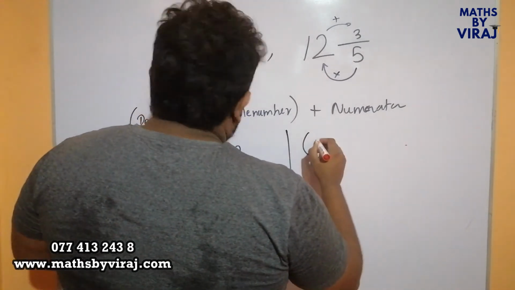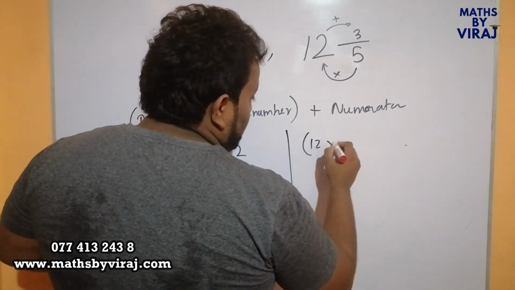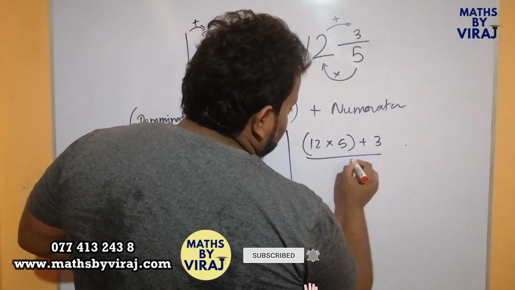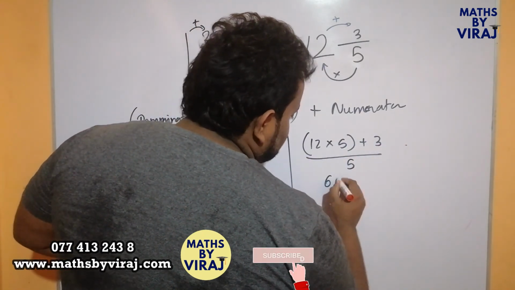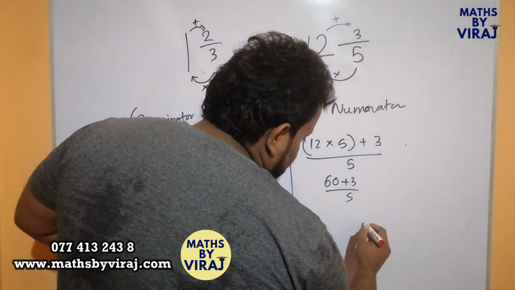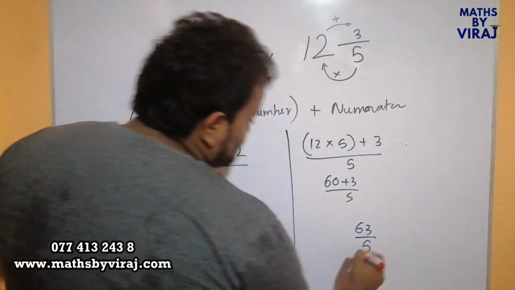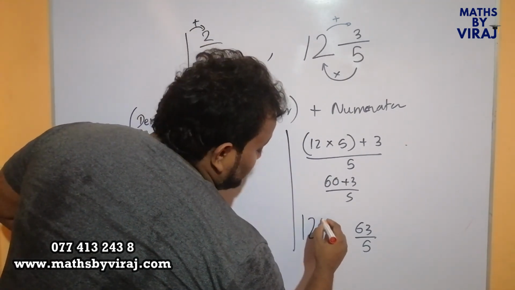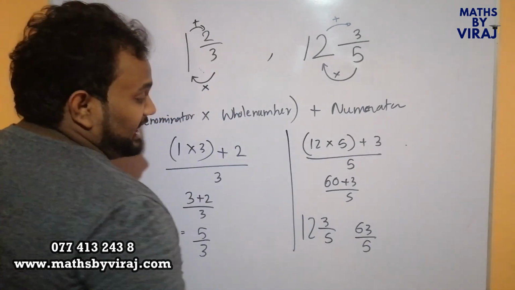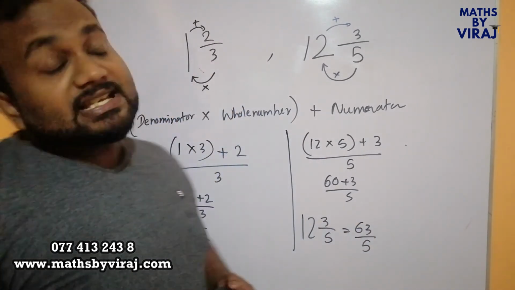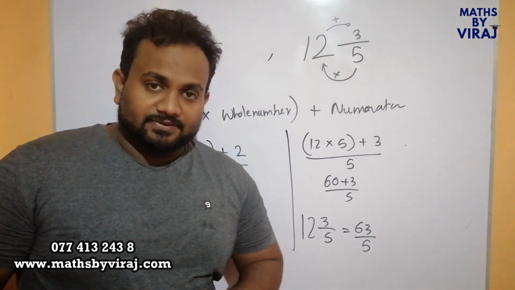Therefore, 12 multiplied by 5, and to that you add 3, divided by 5, which is 60 plus 3 over 5, that is 63 over 5. So the mixed fraction 12 and 3 over 5 can now be written as an improper fraction, which is 63 over 5.